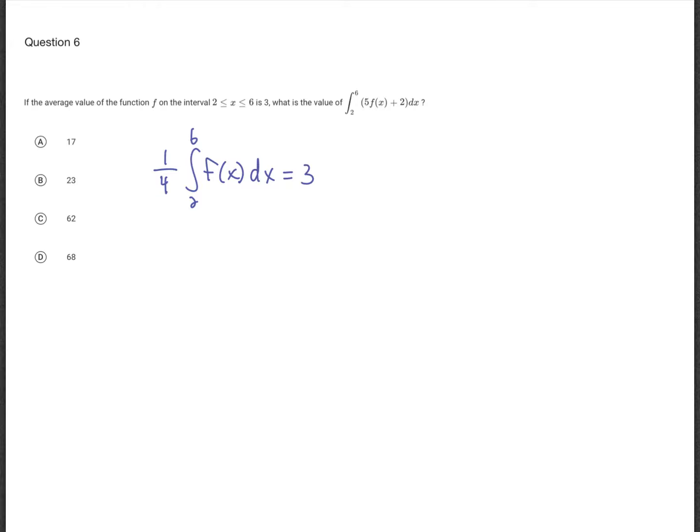Okay, so next thing is, here we have some kind of integral from 2 to 6 of f of x. We can use properties of integrals: this integral will distribute to these two things added, and then this 5 that's multiplied by f of x can be pulled out. So let's do that.